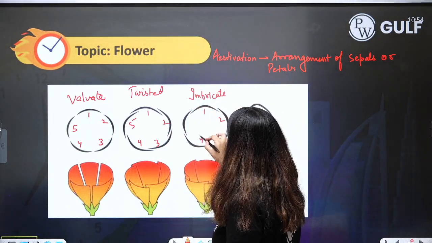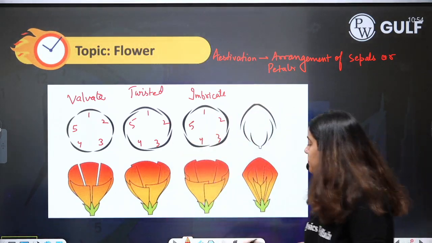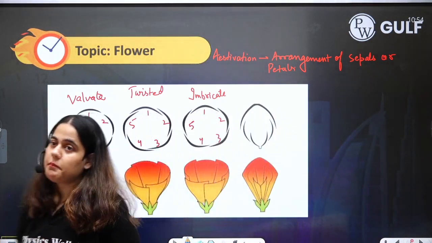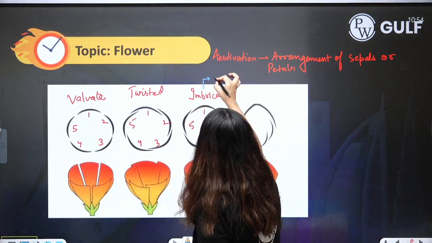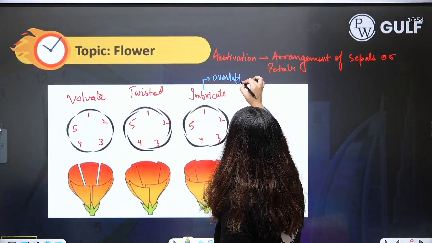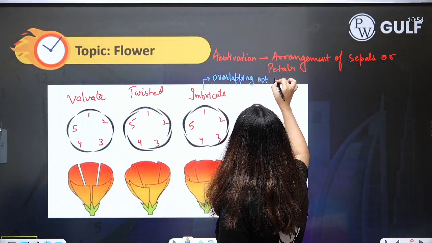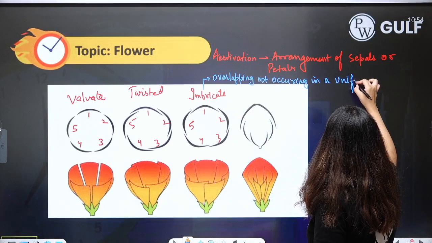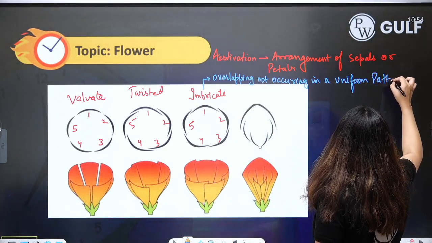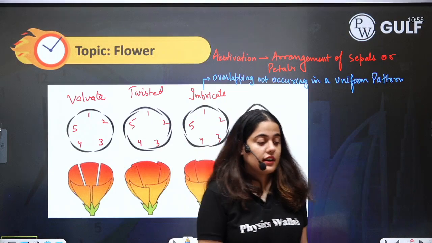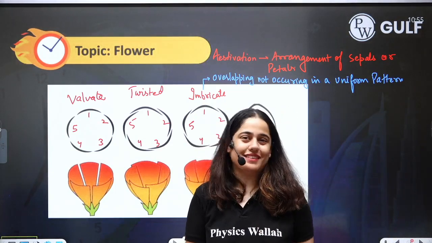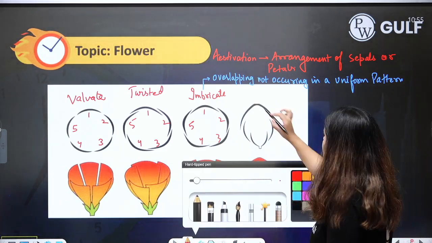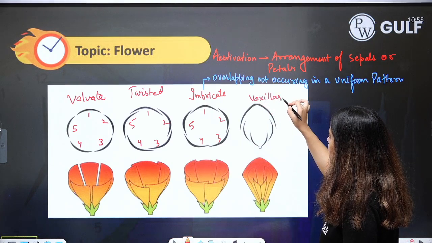Beta, imbricate is like twisted estivation, but here overlapping is not occurring in a uniform pattern. It is very random. Whereas in twisted, the overlapping is occurring in a very definite pattern. And the last is vexillary, which is very important.